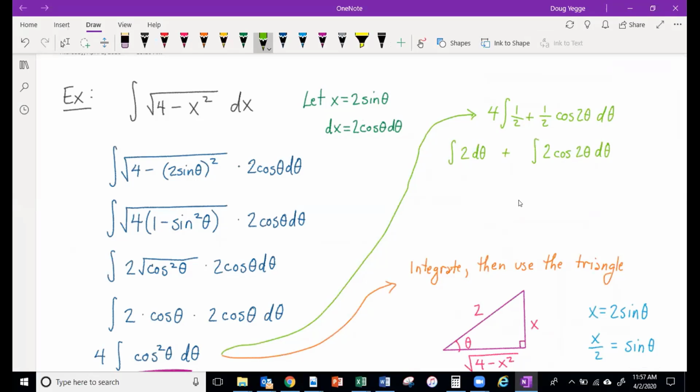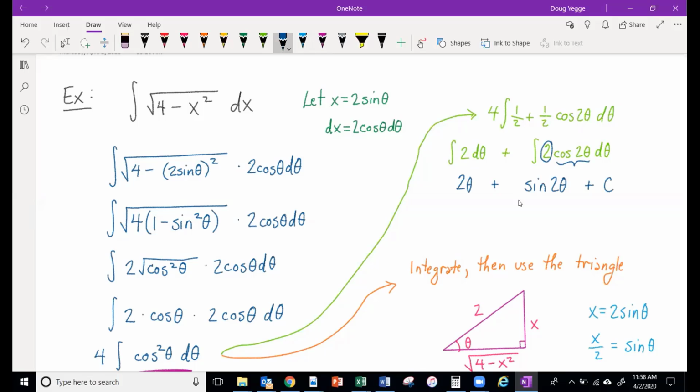Okay, so what does this become then? The integral of 2 d theta is 2 theta plus. Over here, notice that we've got cosine of 2 theta, and the derivative of 2 theta is 2, so we're already in the form that we need. The integral of cosine 2 theta times 2 is just sine 2 theta plus c.